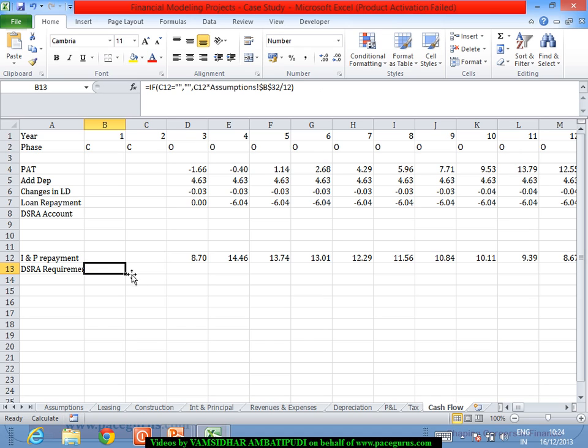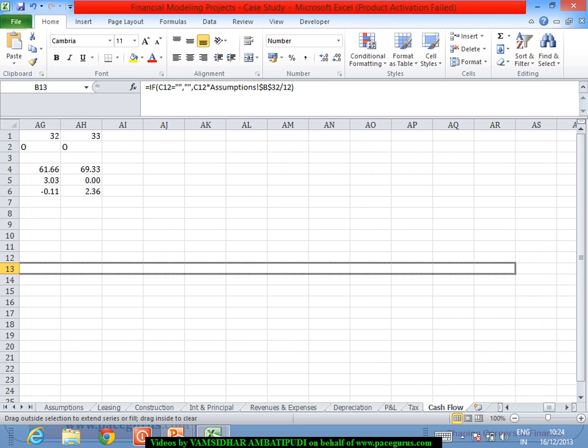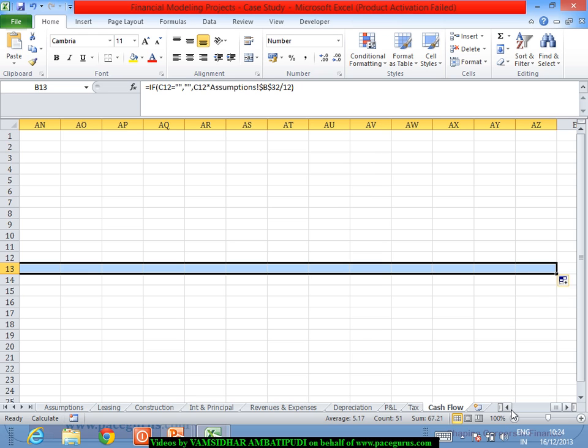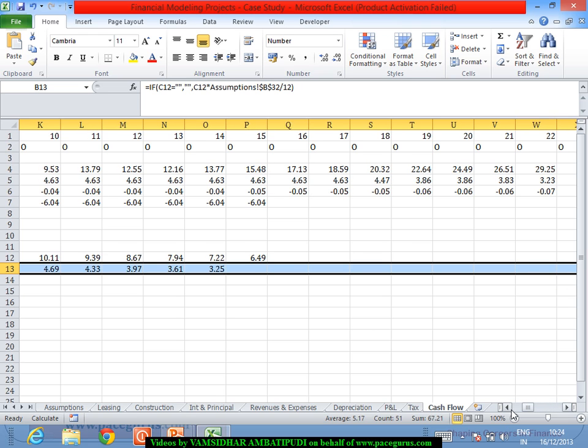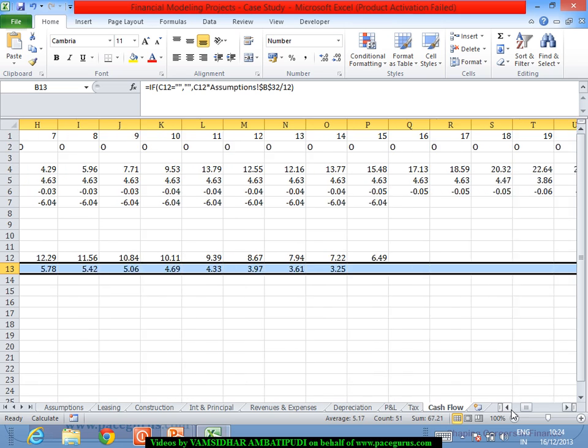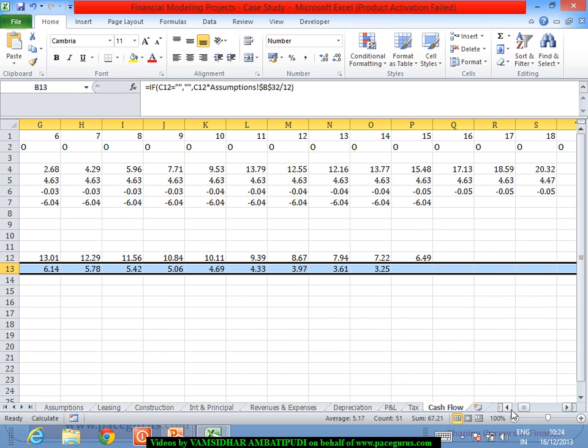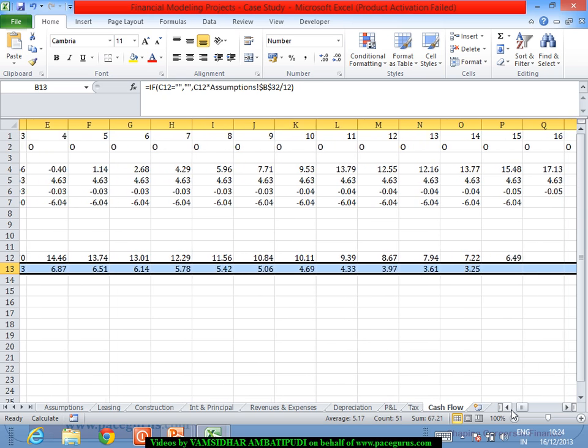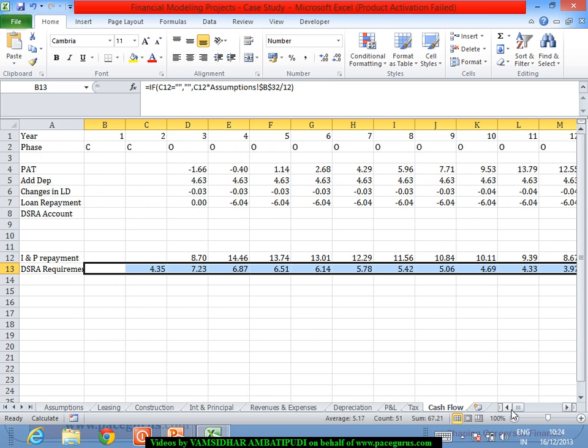So what will happen from this? I know my DSRA requirement for each of the years, I know the amount that has to be created as a part of my DSRA account. As a part of the DSRA account, how much has to be credited in each of the periods.